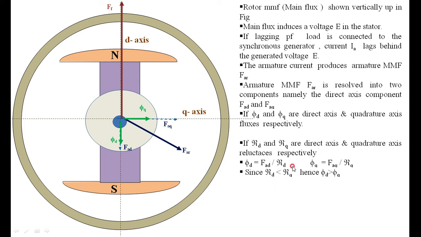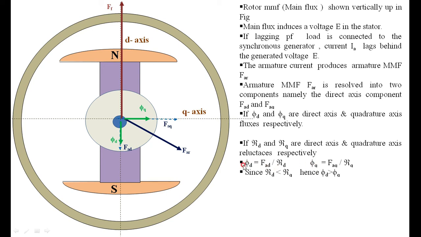Therefore, reluctance in the q axis is more than the reluctance along the d axis. Definitely, if Rd is less, then phi d is more. And Rq is large, because of that phi q is less.